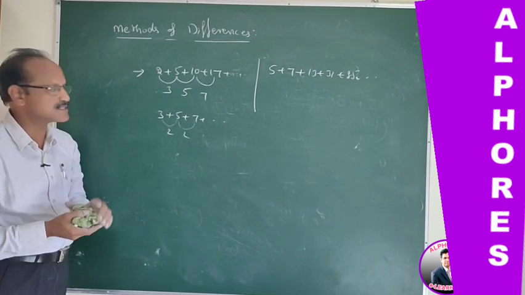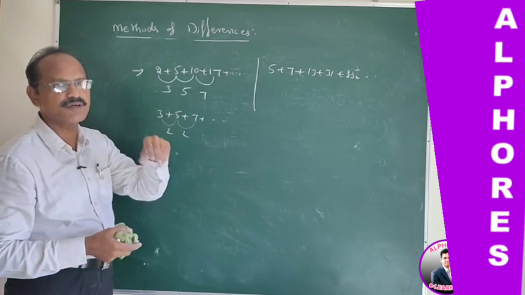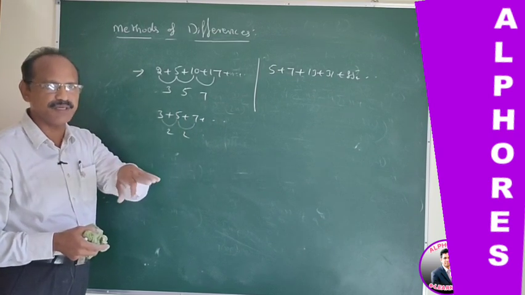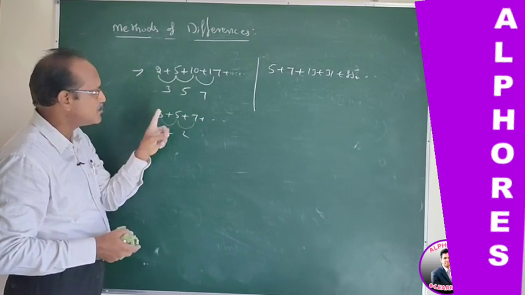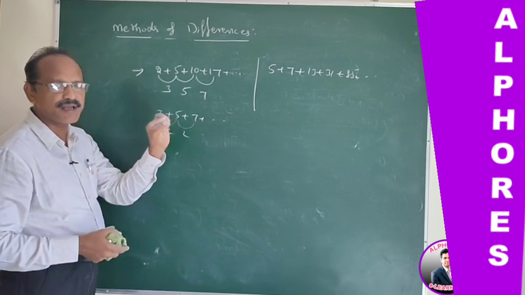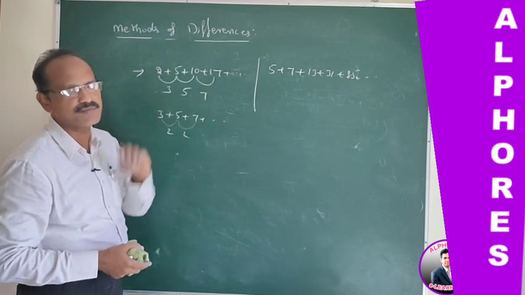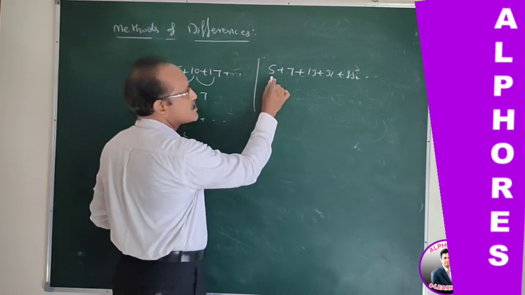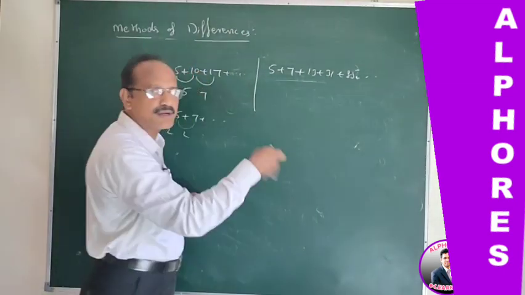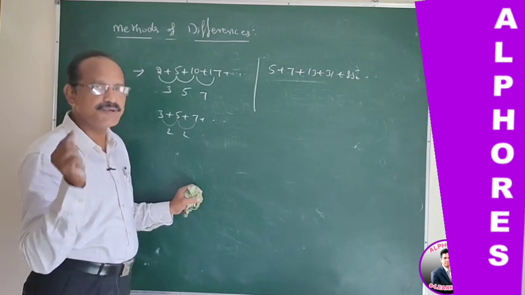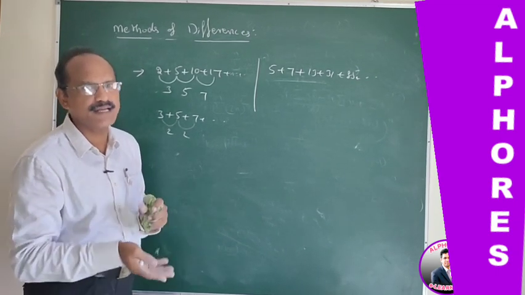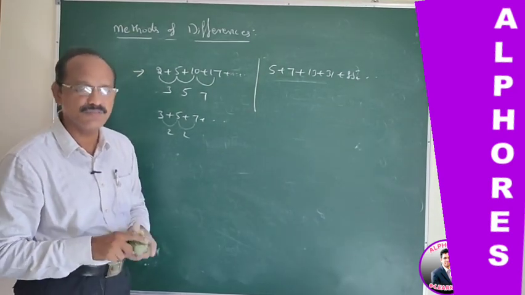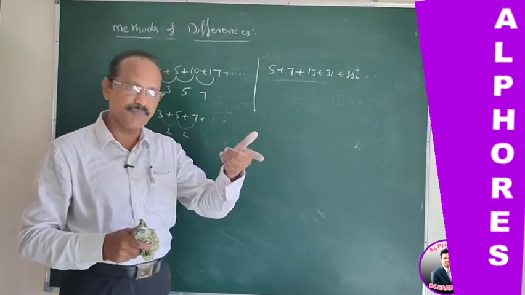So the methods of differences is used to calculate the sum to n terms of a sequence if the successive differences form either AP or GP. Because here the successive differences form AP, that's why we can apply the methods of difference to find the sum to n terms of the series. Coming to this series also, it is neither AP nor GP nor HP nor AGP. Then try to apply the methods of difference to calculate the summation if the successive difference sequence forms GP or AP.